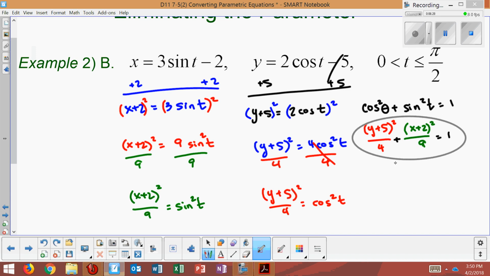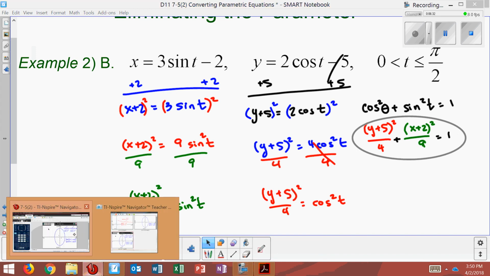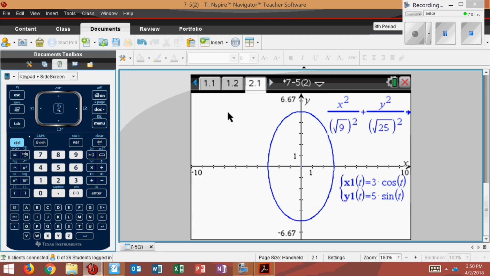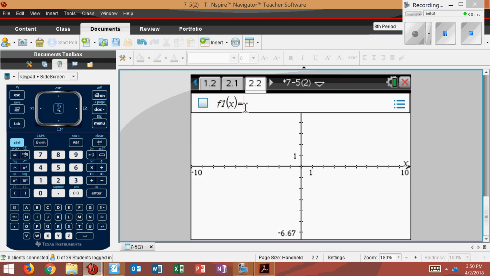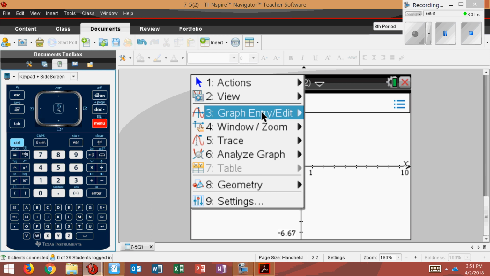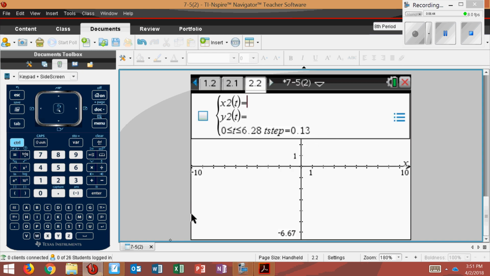So now let's check out the graph and what happens. I'm going to come over here to my graph and add a new page. So Control Dot gets me a new page. I want to add a graph. The first equation they gave me is parametric, so graph entry, choose parametric. X was 3 sine t minus 2.